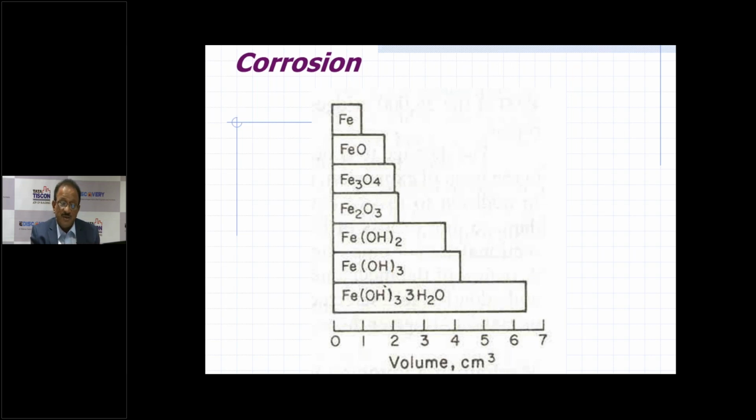And as a result of corrosion, finally the cover which is provided, which is supposed to protect the steel reinforcement, is literally pushed out and steel is totally exposed to the atmosphere. So we have to provide proper quality of cover blocks so that steel is protected from corrosion.